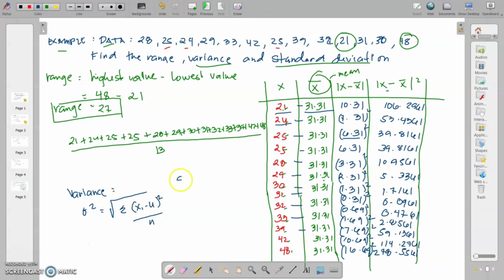Kung sample naman, sample equals to s squared, summation x minus x bar squared over n minus 1.